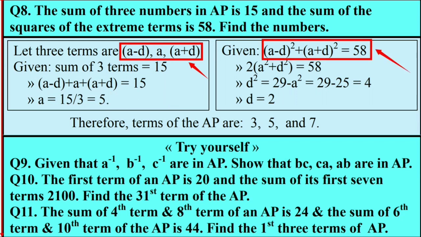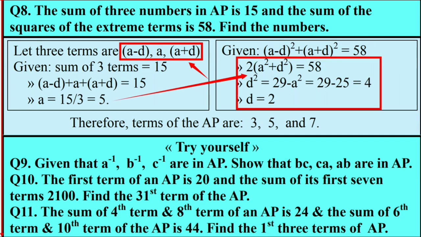Now observe the second block. According to the second statement of the question, the sum of the squares of the extreme terms is 58. Hence, a minus d whole square plus a plus d whole square is equal to 58.